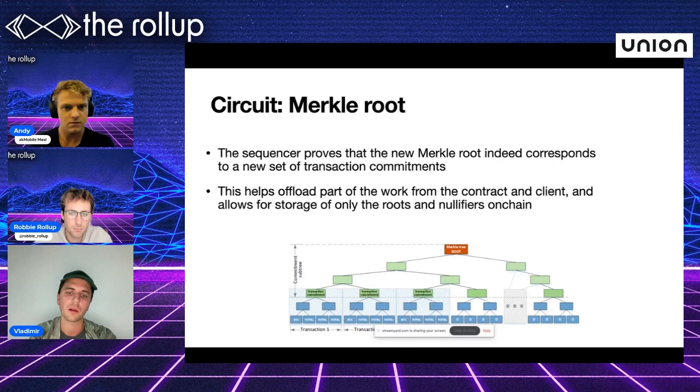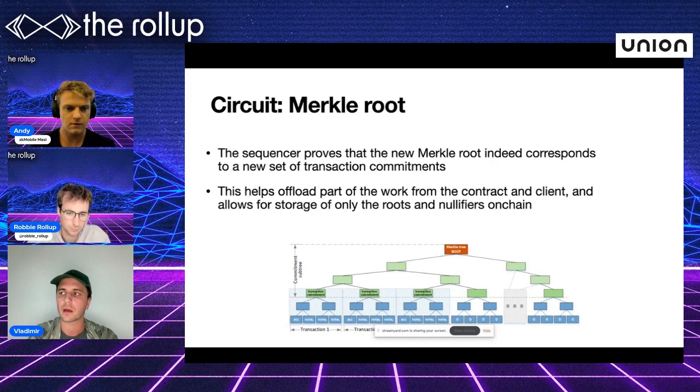Otherwise, two clients that would try to create proofs for the same Merkle root would create a race condition, and the person who posted it would, of course, get in conflict with each other.